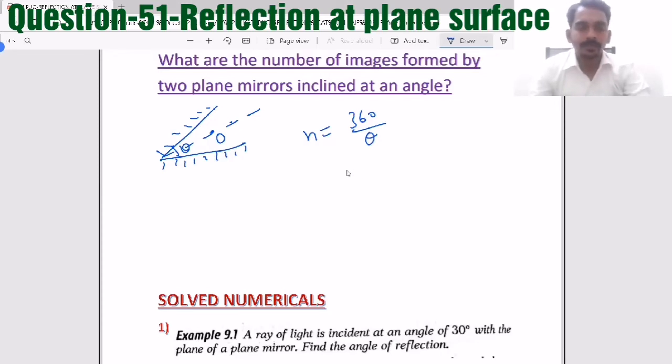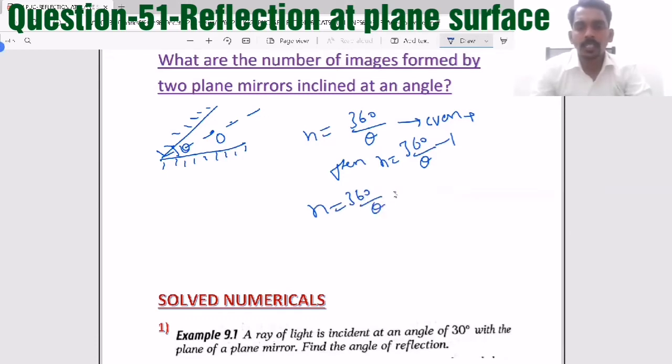Here the number should always be an odd number. If suppose it is even, then it will become 360 by theta minus 1. If n equal to 360 by theta is odd, then that is the number of images.